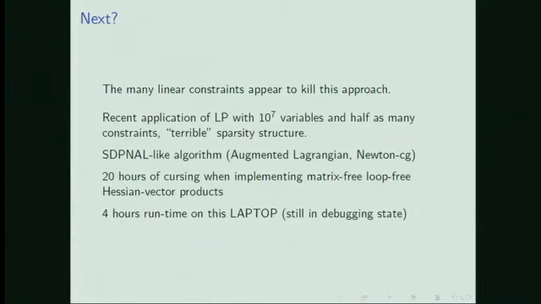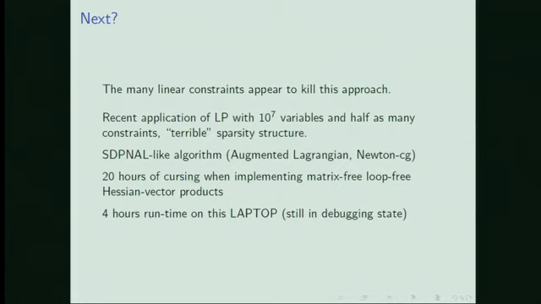Recently I had an application of linear programming coming from a biological application that had quite many variables. Right now we have been running an instance with 10 to the 7 variables, and the sparsity structure was really awful. You have identity matrices of size 1,000 or 5,000 stacked in a row, and then another row and another row, and this was only one of the blocks.